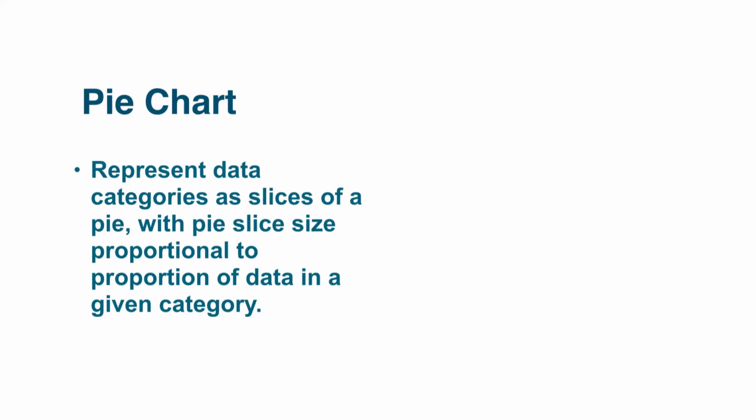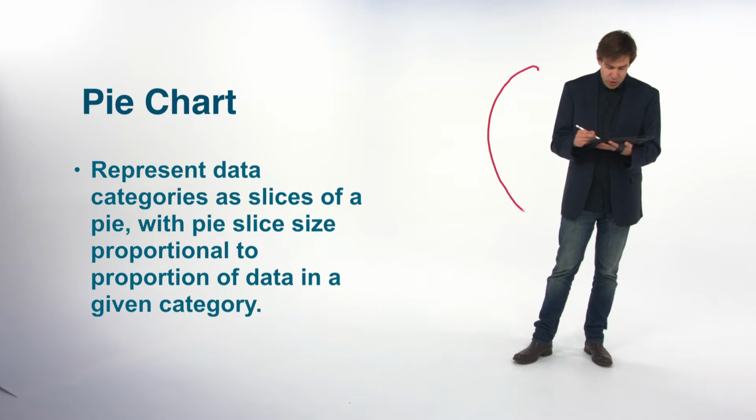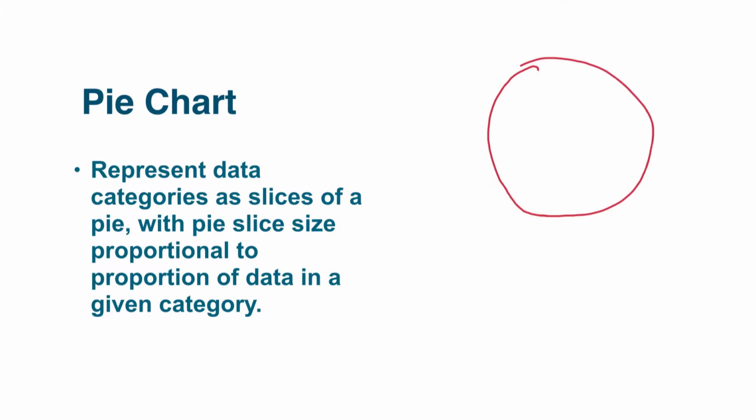Another type of representation you should have some basic familiarity with is the pie chart. Again, I'm sure you have seen this before. The idea is to take your categories and to fill segments of a circle in proportion to their appearance.